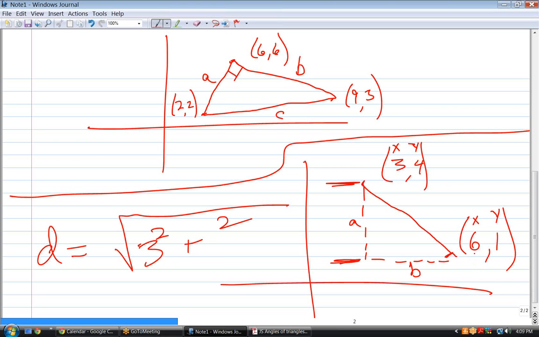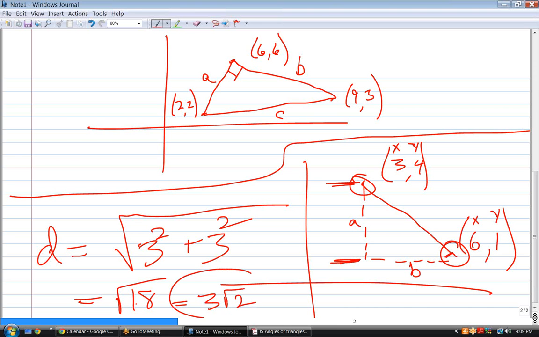B is the distance between the x-coordinates, and it's also 3. So the distance between this point and this point is the same as the length of that hypotenuse, which in this case is the square root of 18. Or if I simplify that, that's 3 root 2. So you can find the distance between any 2 points that are xy coordinate points. Okay?